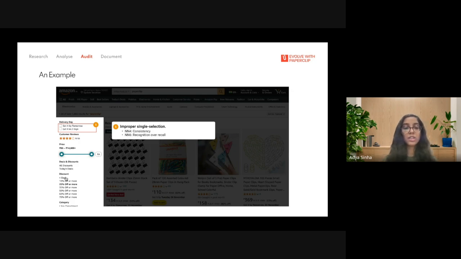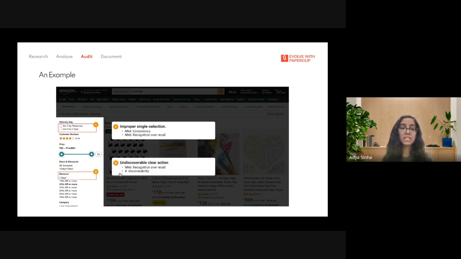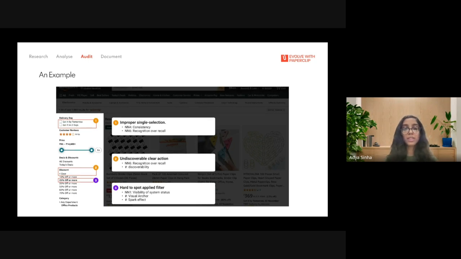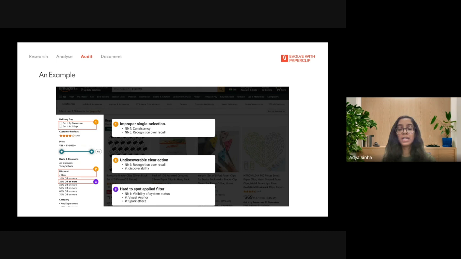Even for discount, we'll mark it as severe, because again this adds to the user's learning curve, and it also takes users time to identify the clear action. And for the applied filter, we'll mark it as minor, because this can be quickly fixed through minor changes. So this is how you can align the severity level.